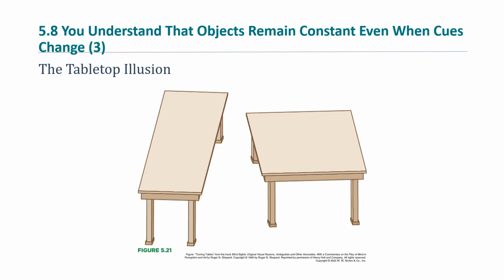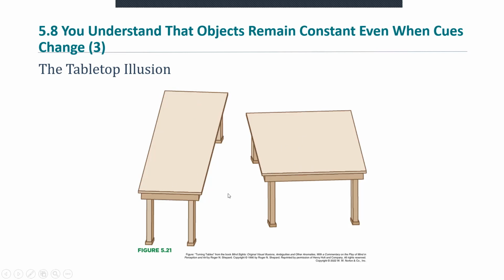And as soon as our brain does that, oh, there's a rectangular table, there's more of a square table, it kind of warps our perception of what's actually there. And it doesn't matter how many times I've actually compared these, you can't help but see the illusion. They do not look identical in size and shape.